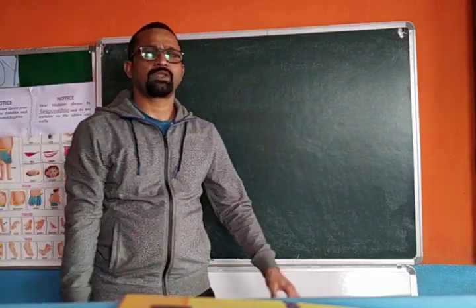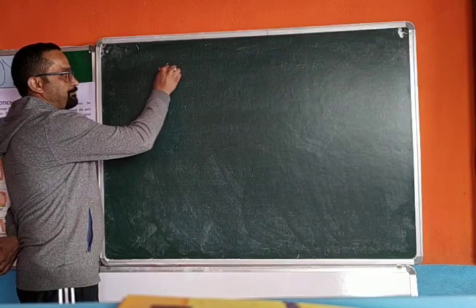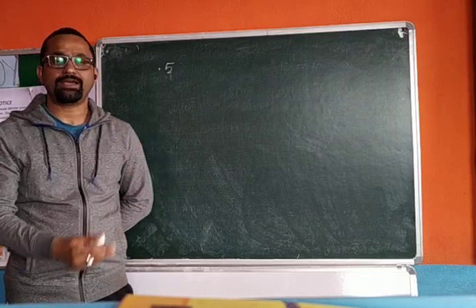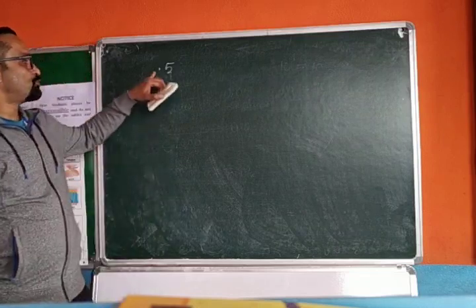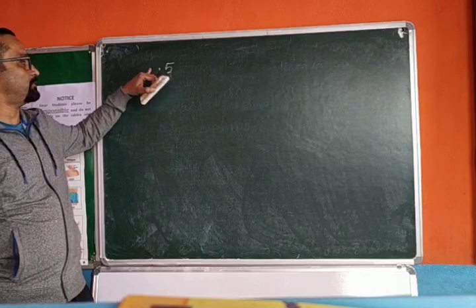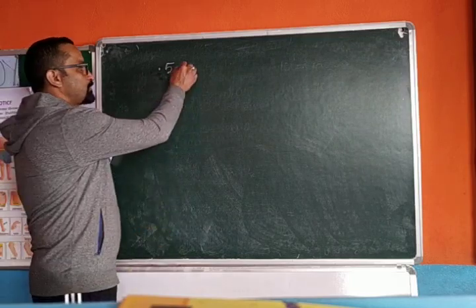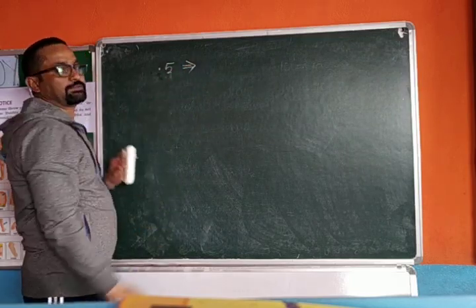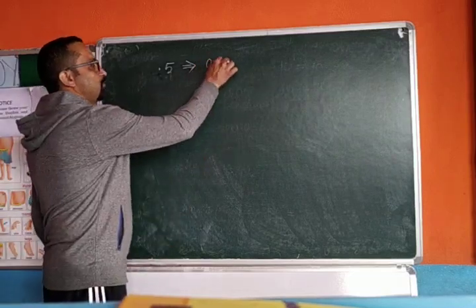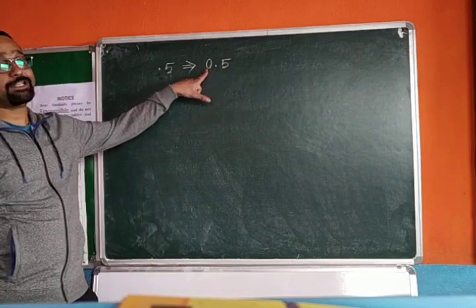First one, suppose you write .5. It means decimal 5. If you do not have any integer in front of decimal, you should not leave it like this. This has to be converted and written as 0.5. You must write 0 in front of decimal.